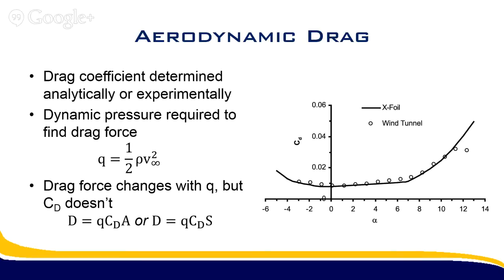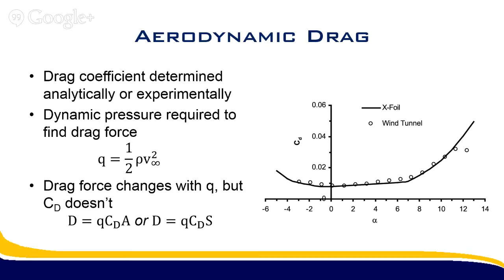When we're talking about the dynamic pressure Q, there's a formula for that. It's 1/2 rho v infinity squared. So basically 1/2 times the density of air times how fast the rocket is going squared. And this will be important later, the v squared term in there.